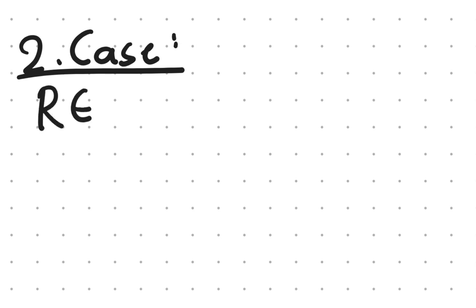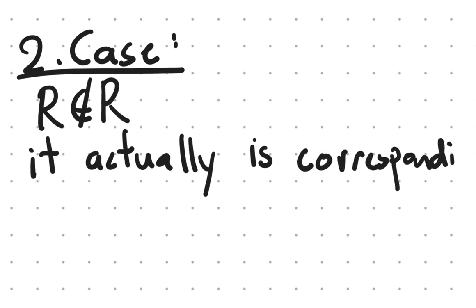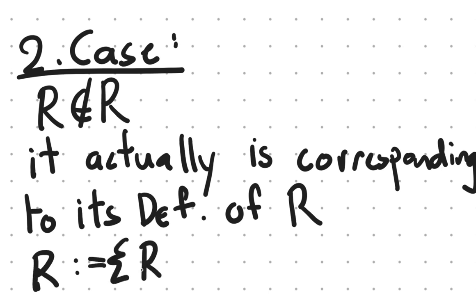Now let's say that the rest set doesn't contain itself, so the rest set is not an element of the rest set. Since the rest set is not an element of the rest set, it is corresponding to its definition of R, since the rest set again is defined as any set x which is in M, that doesn't contain itself.